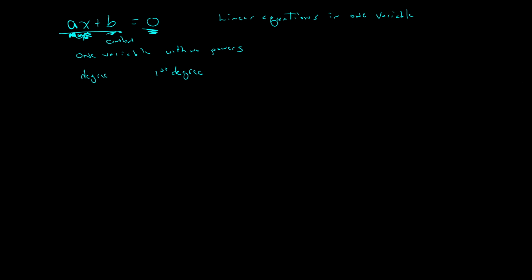A hint at where we're going with this is that eventually we will be able to map two variables to a plane, and a linear equation makes a line where the y value is equal to a slope times the x value plus where it crosses.